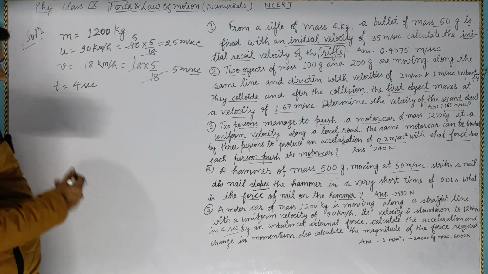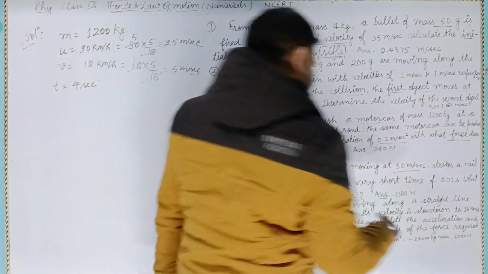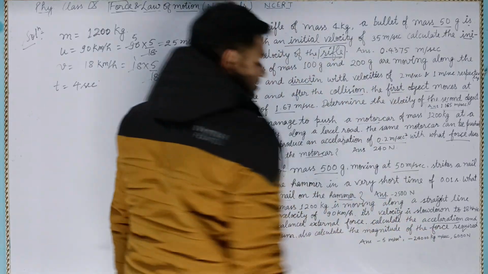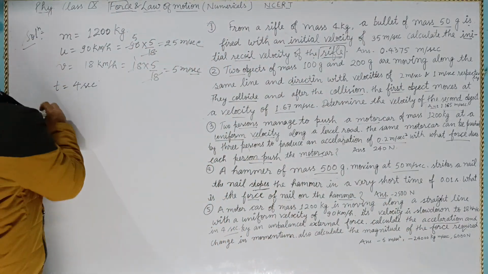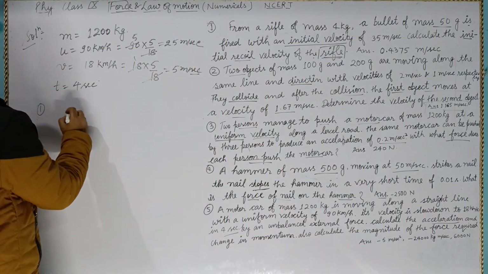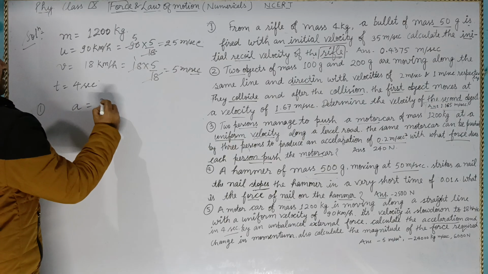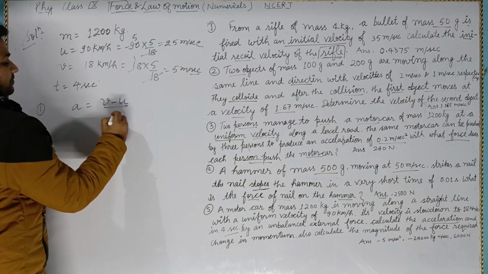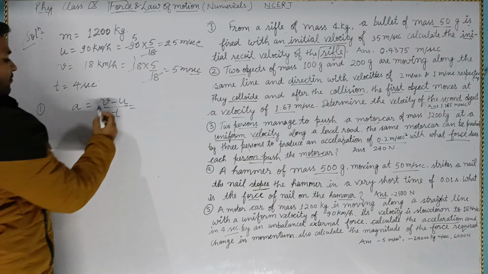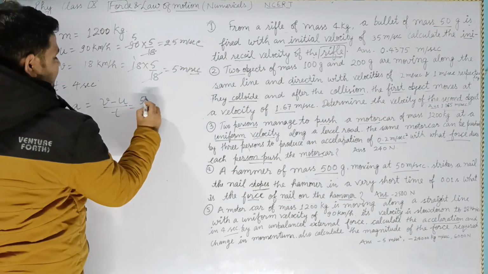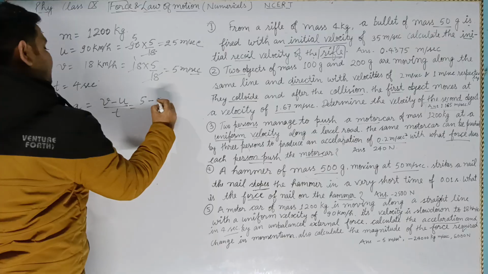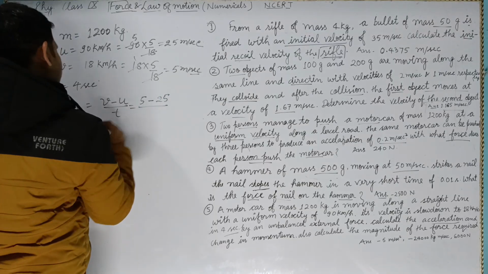We find out the acceleration. To calculate the acceleration, a equal to v minus u upon t. Putting the values, v is 5 minus u is 25, upon t is 4.